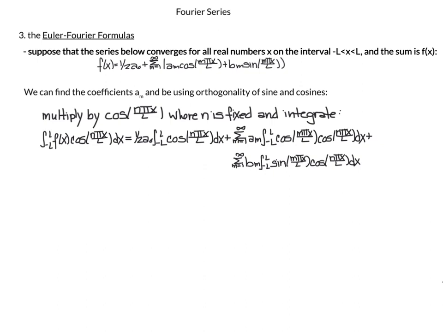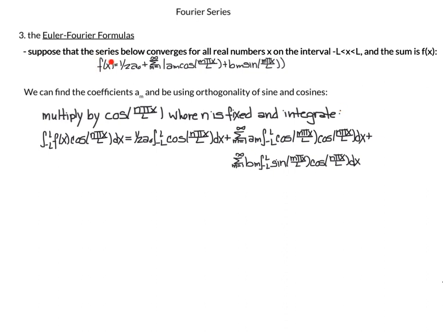So now if our goal is to express this function f of x in terms of a summation of a bunch of sines and cosines plus some constant out in front, we can use the fact that sines and cosines are orthogonal to find the coefficients a sub m. So in particular, the two steps we're going to do is multiply by cosine of n pi x over L, where n is fixed, and then we're going to integrate.